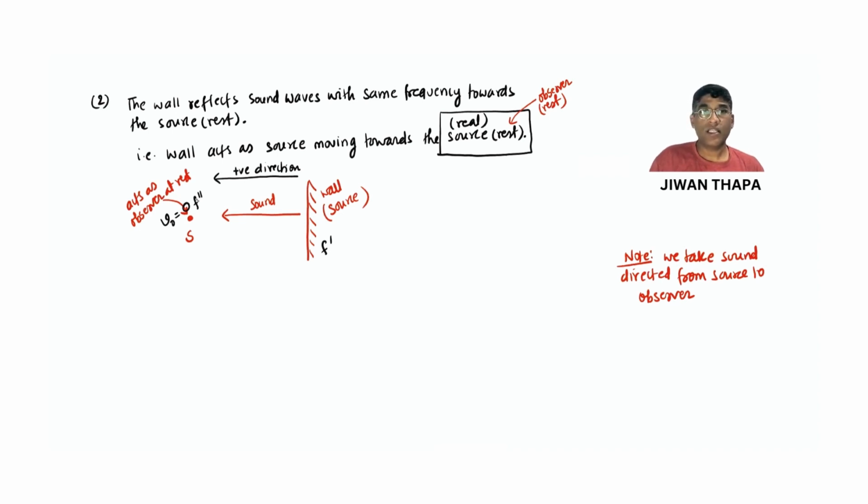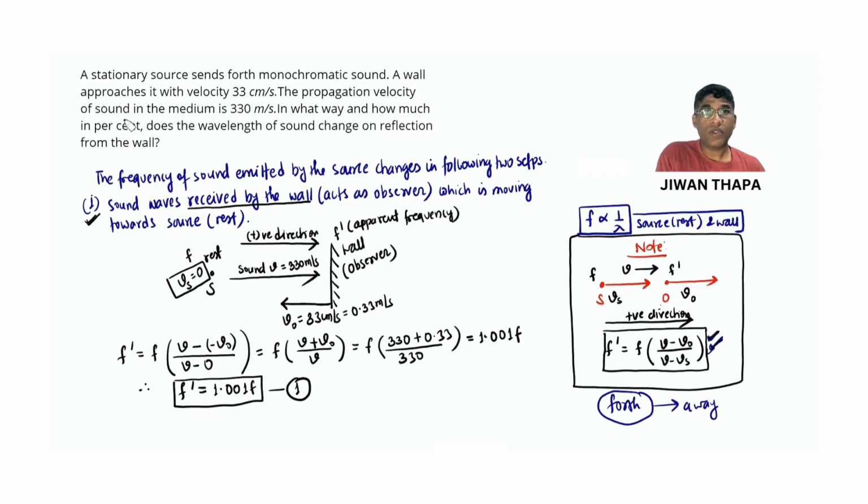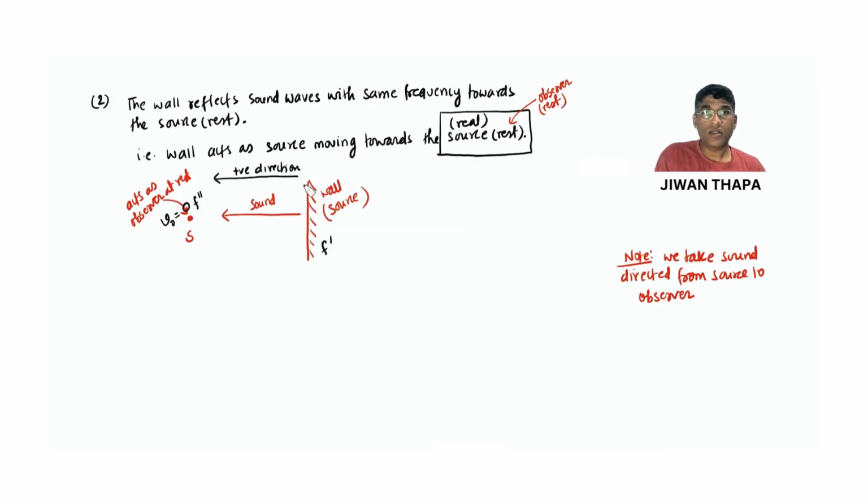In the previous case, the wall was moving with velocity V naught. So I'm writing over here, the source is moving with velocity 0.33 meter per second, in SI system. Clear?